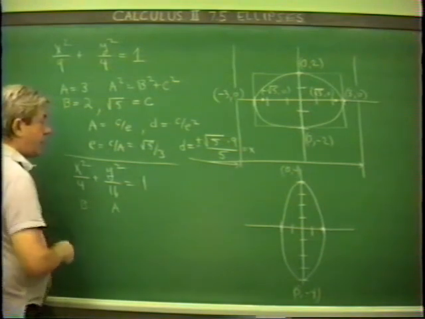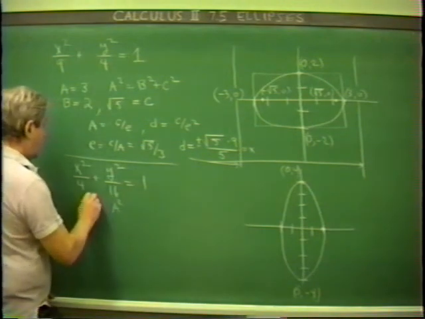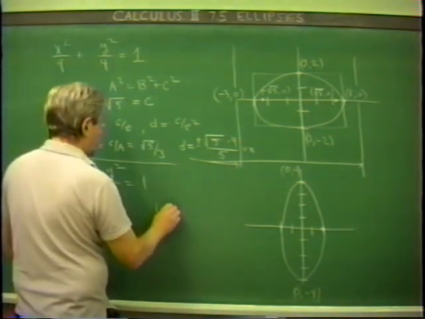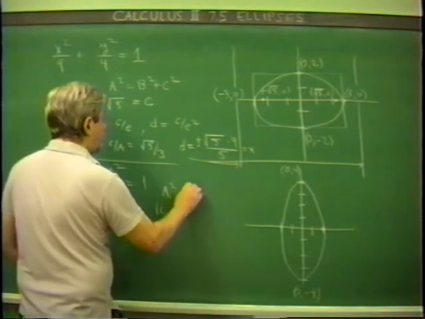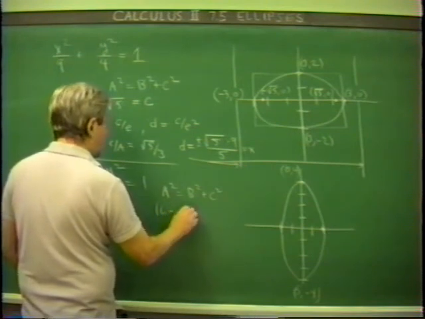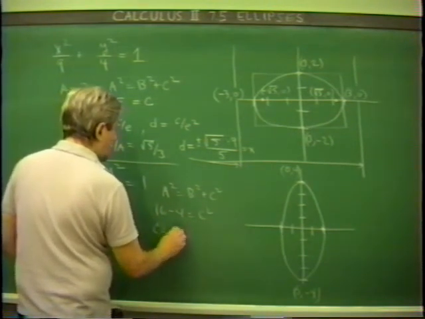Now here we need to consider this to be A and this to be B. This is to be A squared and this is to be B squared. And then A squared is B squared plus C squared, so that we get 16 minus 4 is C squared.